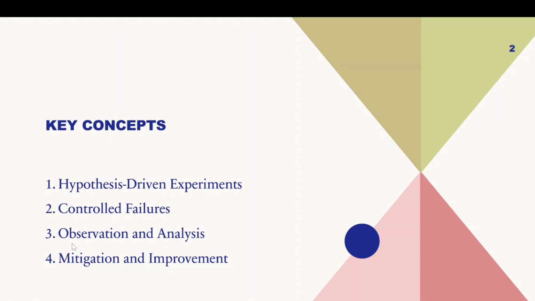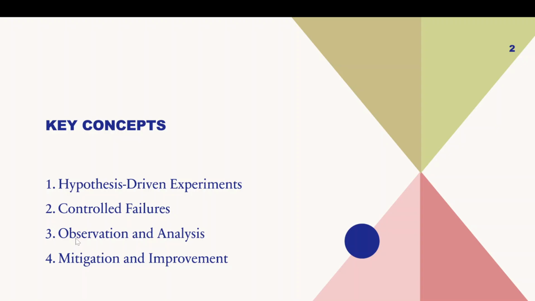They gather the data and analyze the results from the collected data. From that they understand the impact of failure and identify any weaknesses in the environment. That's the advantage of collecting the data, observation and analysis.